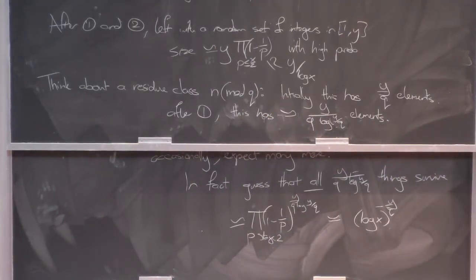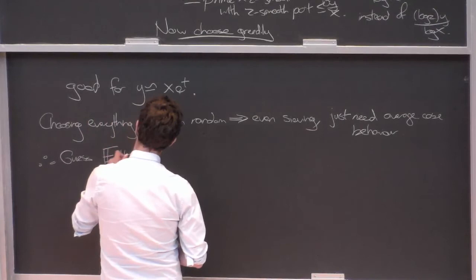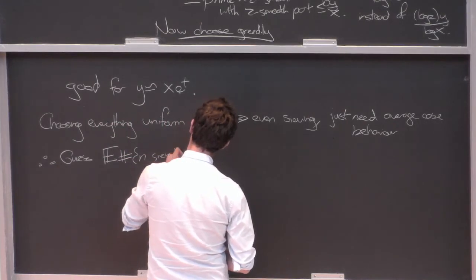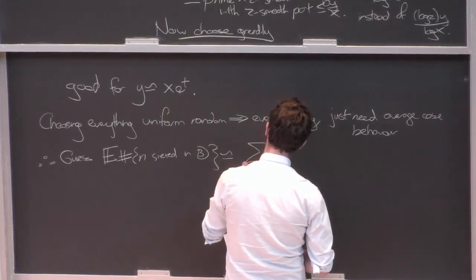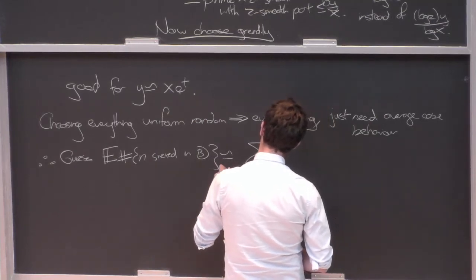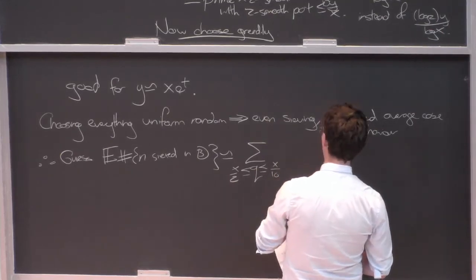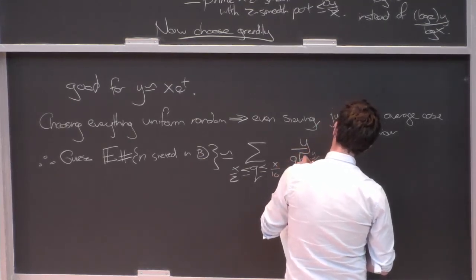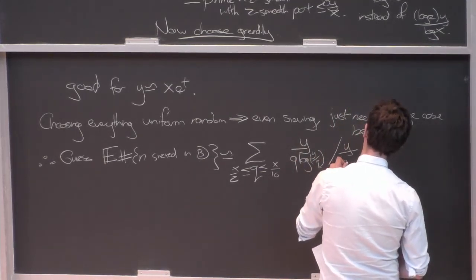So therefore, we would guess that the expected number of times should be approximately the sum over all primes q between x over 10 and x over z of the number of things I remove at each stage. So this should be y over q log y over q divided by the number of survivors I had, which was y over log x.